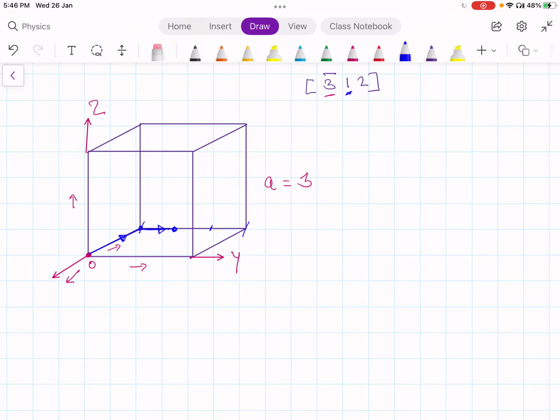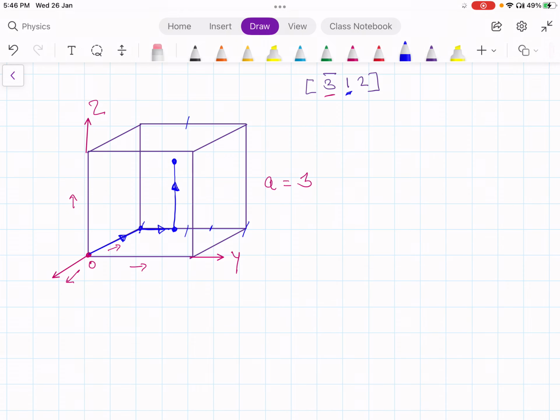And from this point, you have to travel distance 2 along the z-axis. From here to here, the distance is 3. And you have to travel 2. So that 2 would be around over here. So you reach at this point, show the arrow.